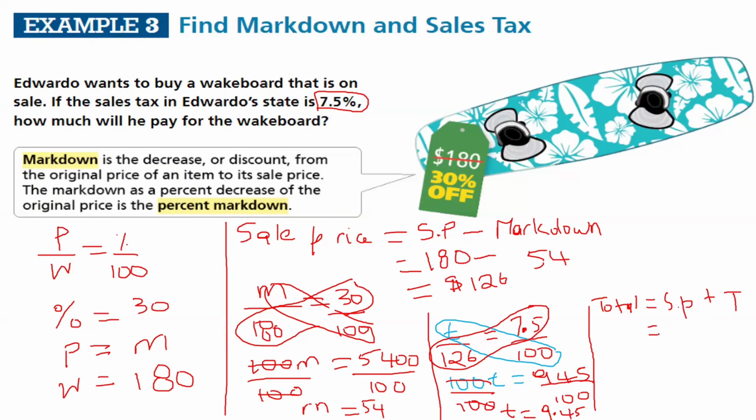So our sale price is $126 and our tax is $9.45. When we add those two, we will get $135.45.